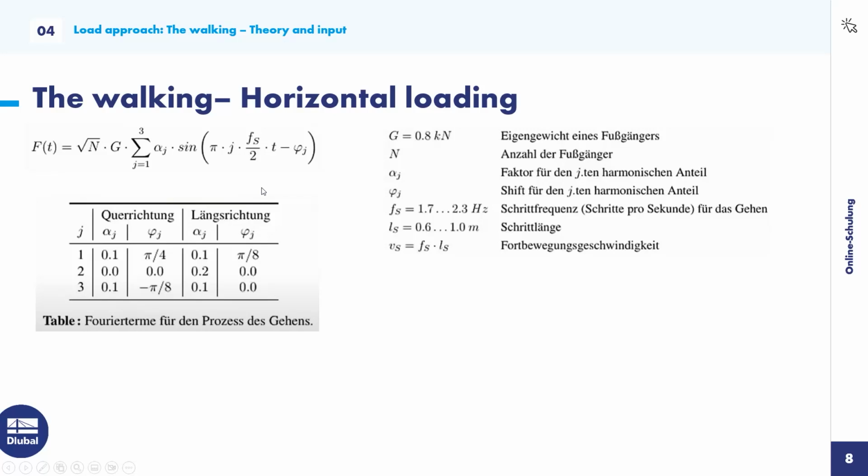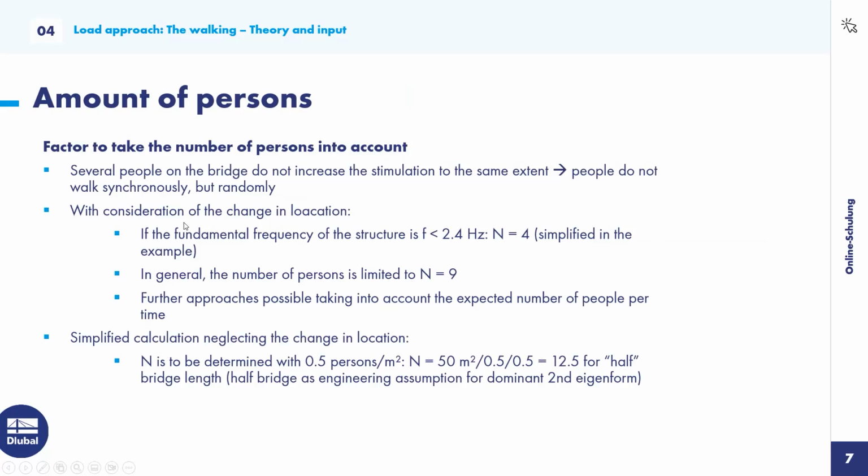And there are also functions for jumping or running. For jumping and running, there's one more benefit, and that's that there are time intervals where no loading is on the structure, because no foot touches the structure.